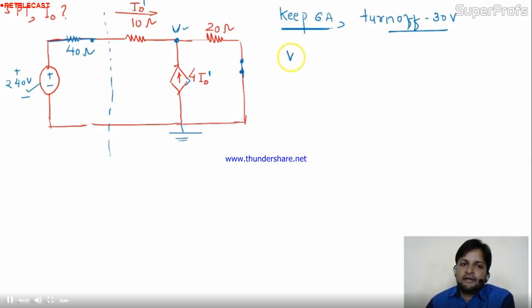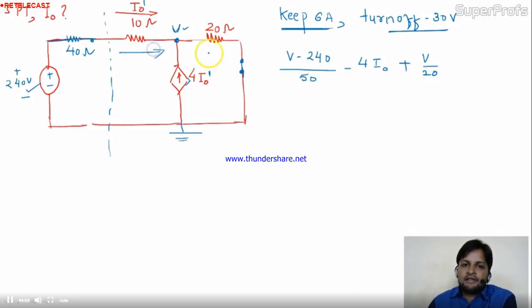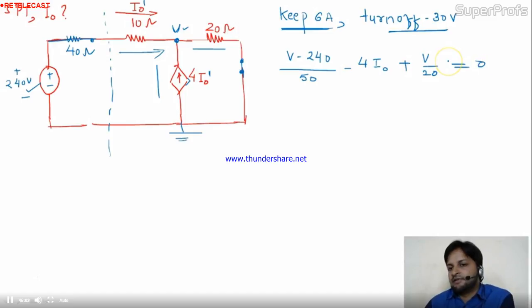This is V minus 240, divided by, tell me, 40 plus 10, 50. Incoming current minus 4 I naught plus V by 20. 3 branches, so number of terms in the equation are 3. This is equal to 0.